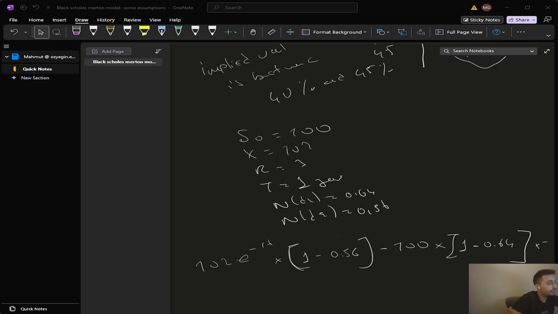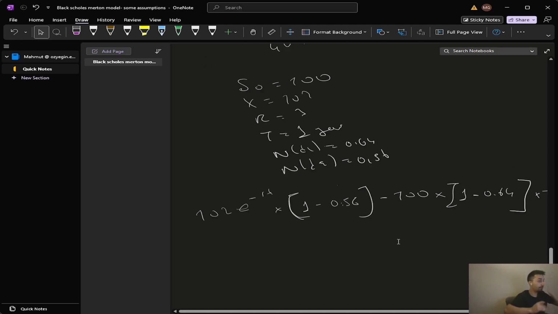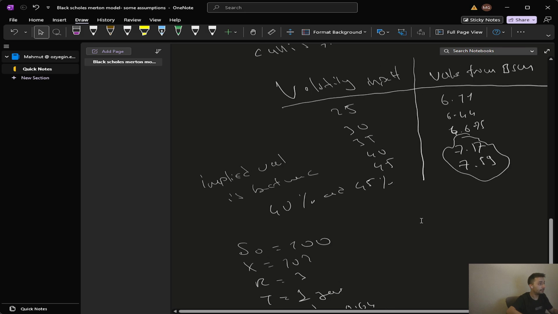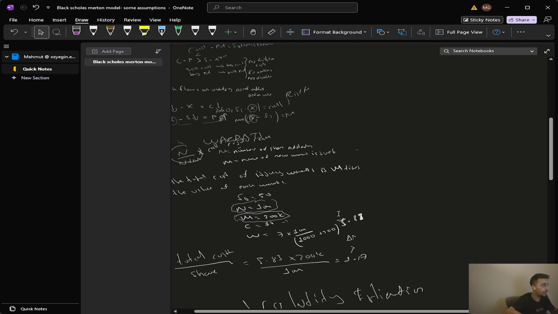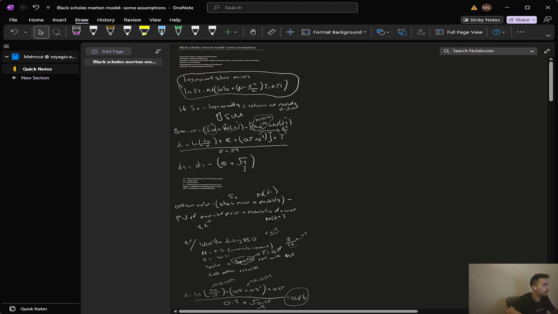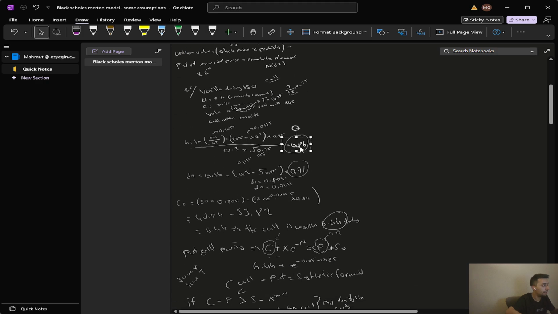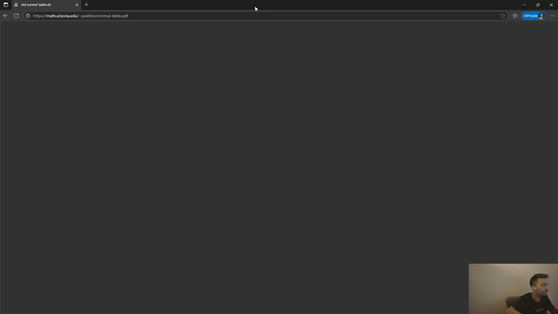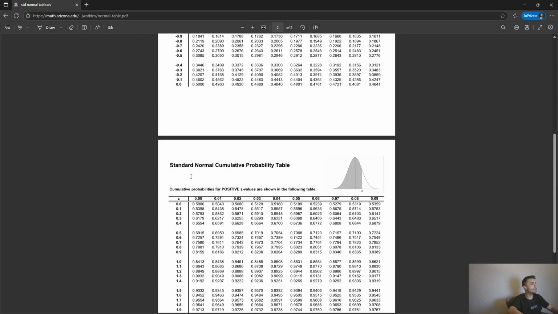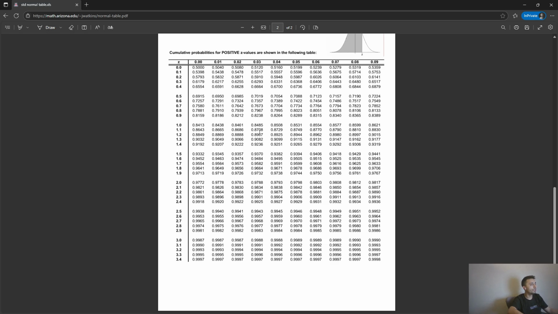Calculate it yourself. It's easy, but always remember the most important point is knowing how to find these probabilities from the table.